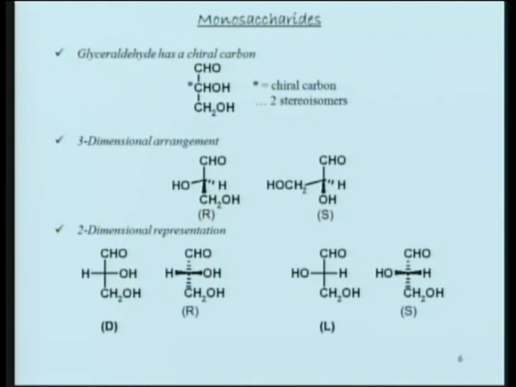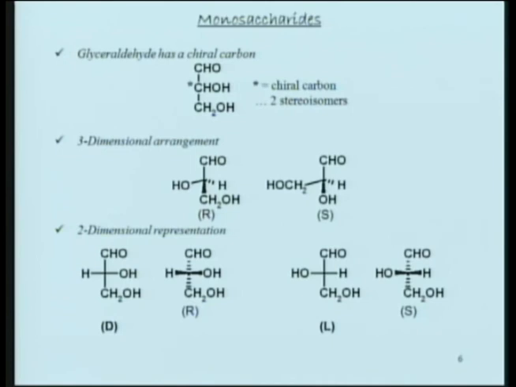Yeah? The question is, how do you know that this 1, 2, 3 is organized in an R, in a clockwise manner? How do you know? Because you know what this is, right? What bond is this? That bond is coming towards you.